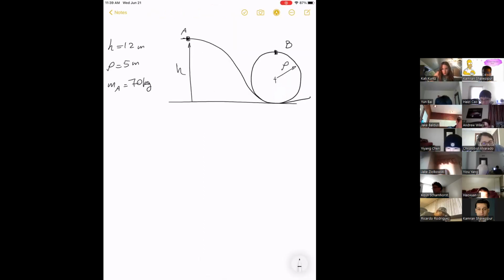You remember when we started talking about work and energy relation, I said, unlike Newton's second law that you solve at one particular moment, like what you did in your quiz, here there's no one moment. We're going through a path that goes from A all the way to B. Now, you may realize if you want to use Newton's second law, good luck with that, because this is a very weird curvature.